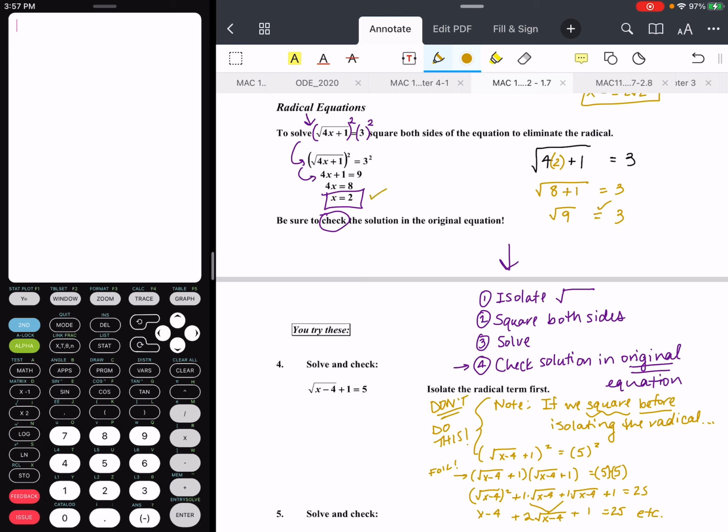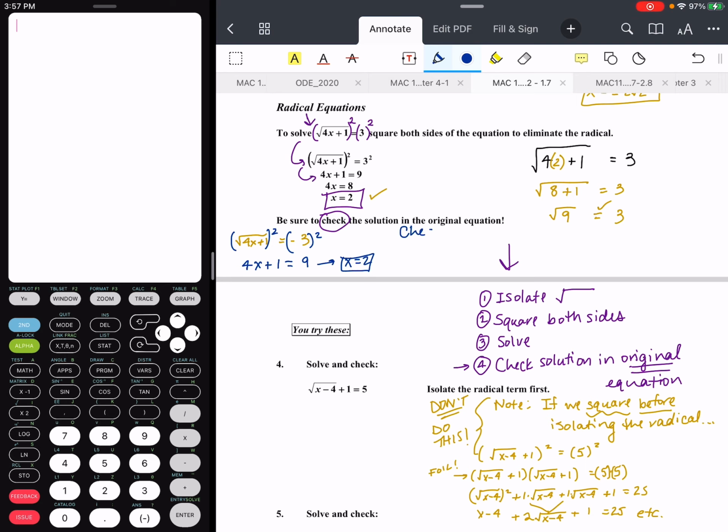Just to show you a quick counterexample, let's suppose we had the original equation square root of 4x plus 1 equals negative 3. And it's already isolated, the square root's isolated. I square both sides, great. I get 4x plus 1 equals positive 9. I would solve and I would still get x equals 2.